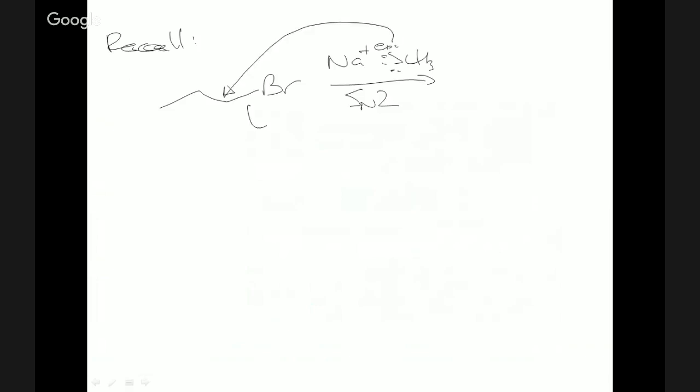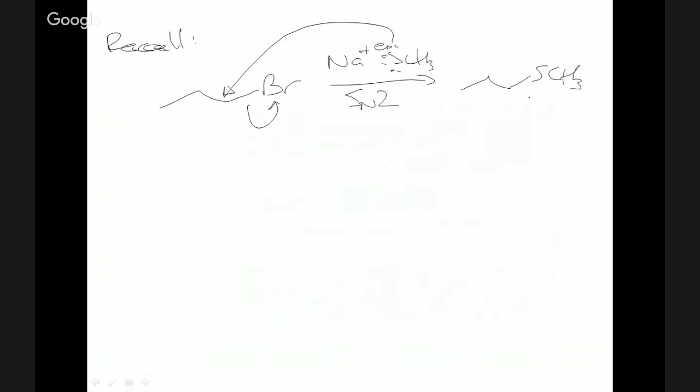Let's look at 2 reactions. You can recall from chapter 7 that you can take an alkyl bromide and treat it with Na plus the sulfur nucleophile. SN2 reaction. Right? This negatively charged sulfur does just what an oxygen would do, and you get this product.